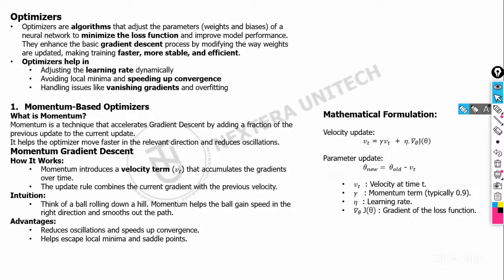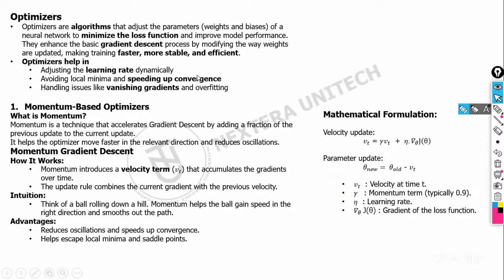The main aim of optimization algorithms is to minimize the loss function. Initially, as the weights and bias are randomly generated, the loss function that is calculated might not be that small. So using optimization algorithms like gradient descent, we are going to minimize the loss function. It also helps us adjust the learning rate, handle issues like vanishing gradient problems, and speed up the convergence.